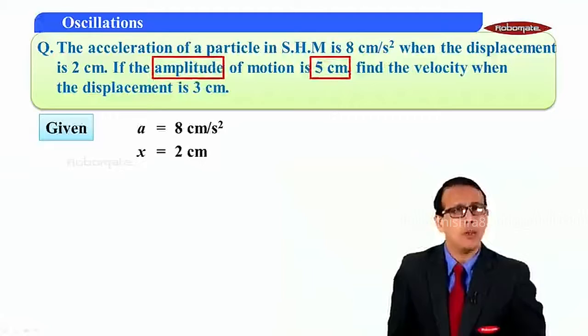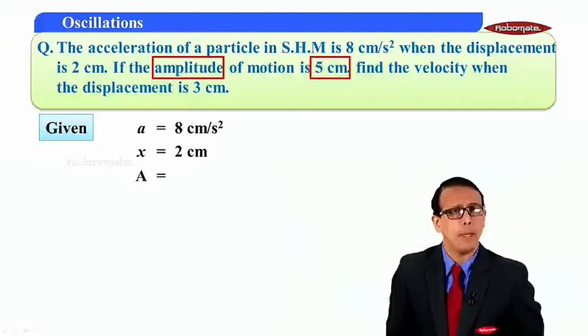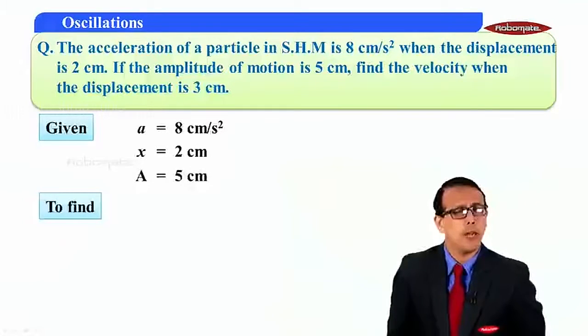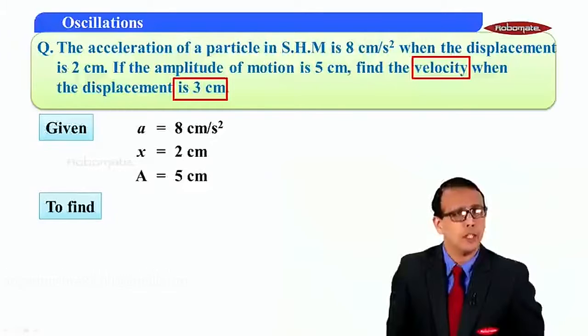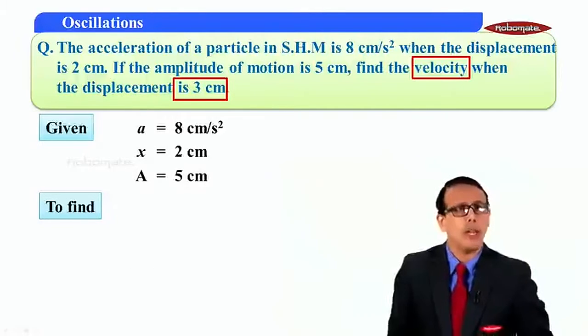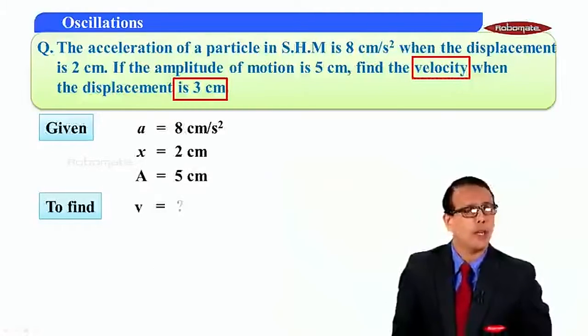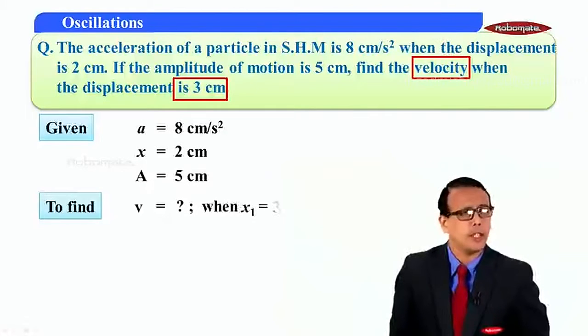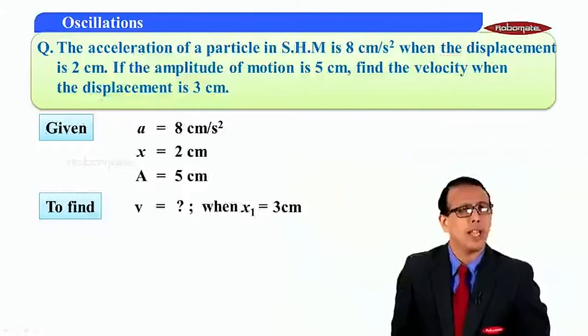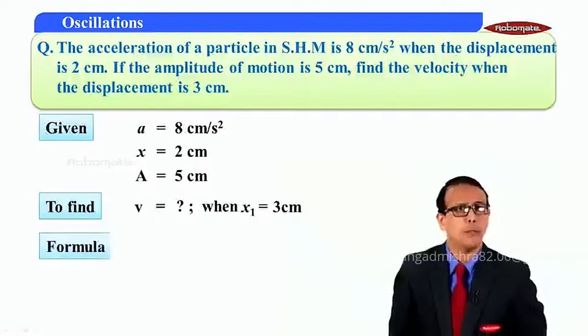Also amplitude is 5 cm, so capital A is equal to 5 cm. We are supposed to find the value of velocity v when the displacement is 3 cm, so x1 is 3 cm.